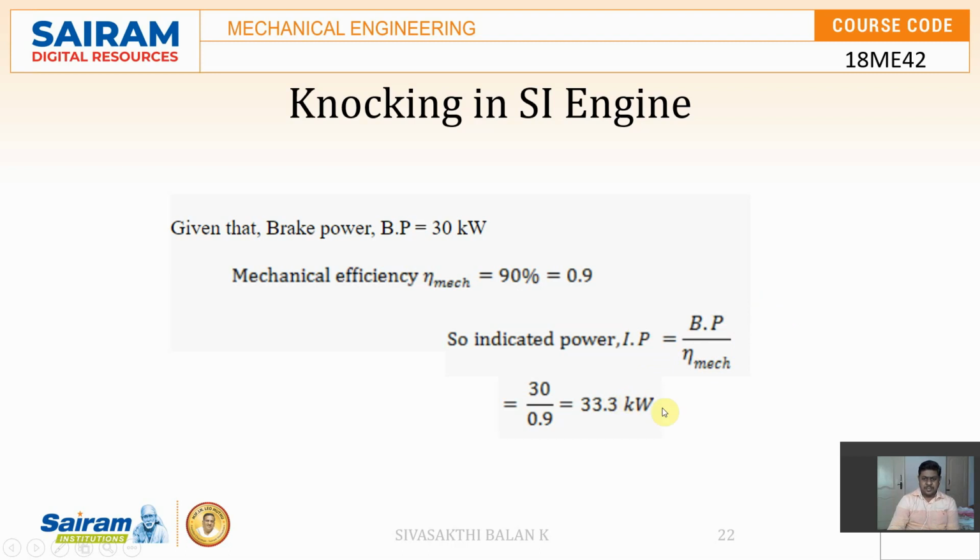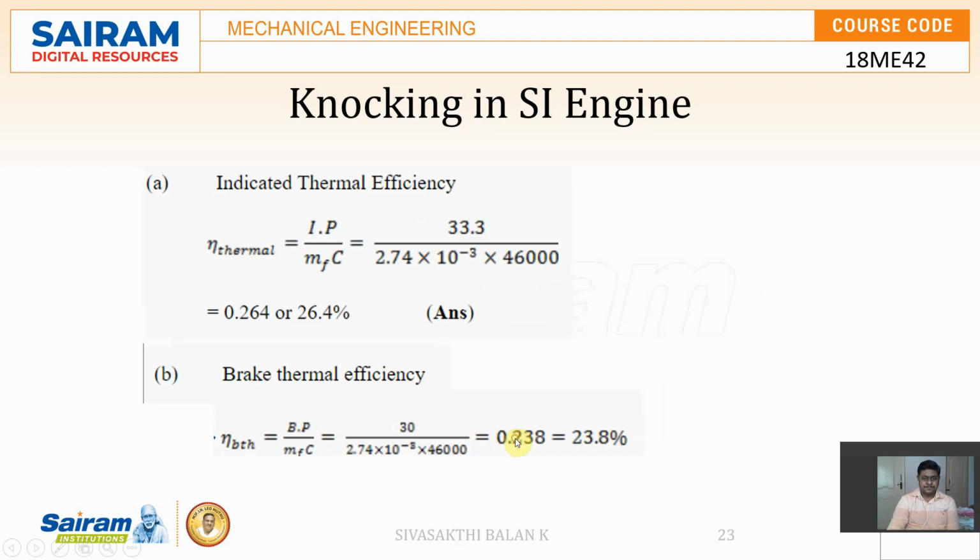Substituting these two values, we get 33.3 kilowatt as the indicated power. And the indicated thermal efficiency is calculated by the expression IP divided by mf into CV, and all these values are known. Replace all these values here and do the mathematical calculation, we will get 26.4% as the indicated thermal efficiency.